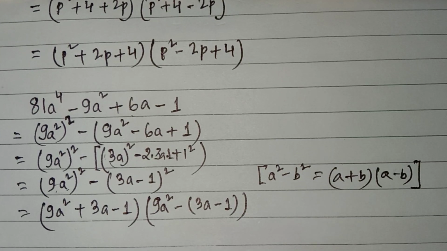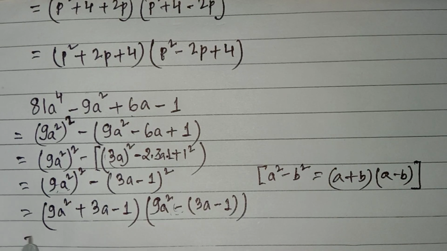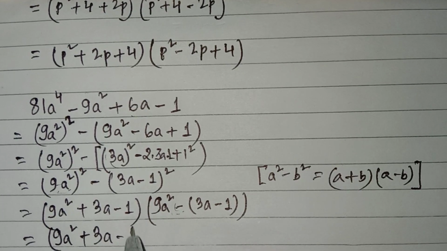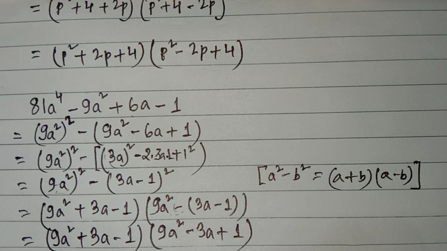Here I have the subtraction, this negative sign, so I'm careful and put parentheses here, and in the next line I get 9a square plus 3a minus 1, and 9a square minus 3a plus 1.